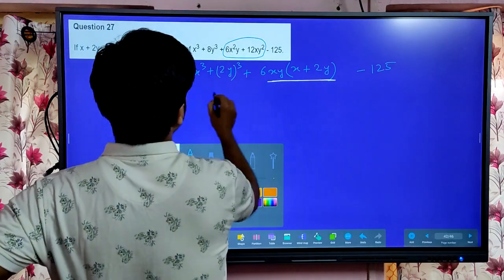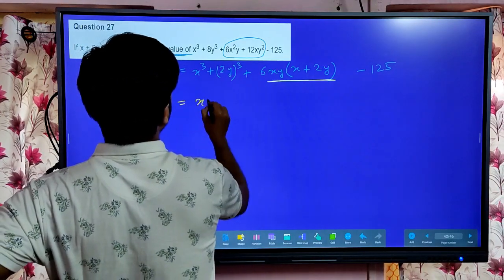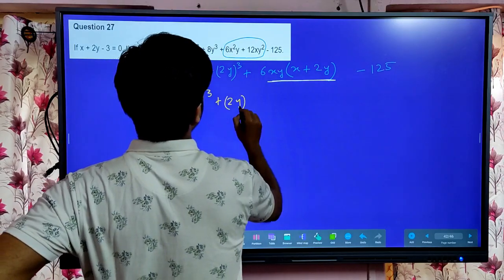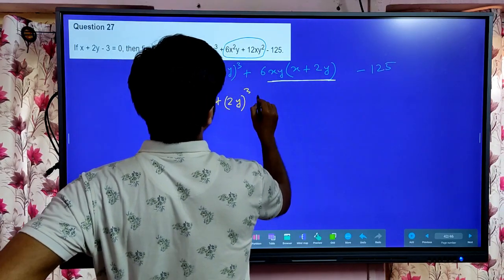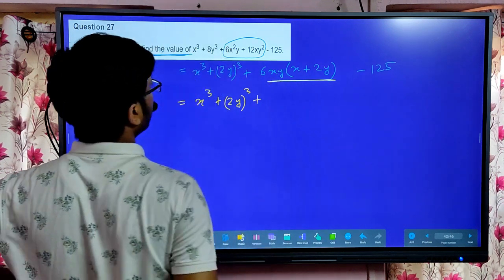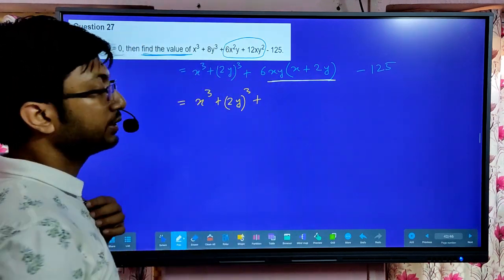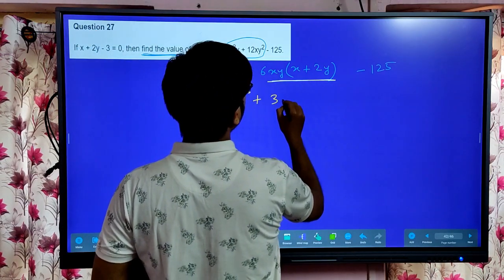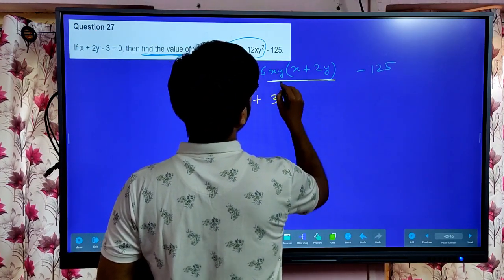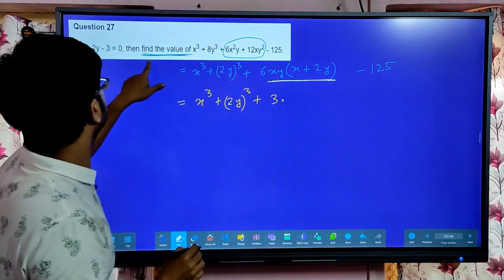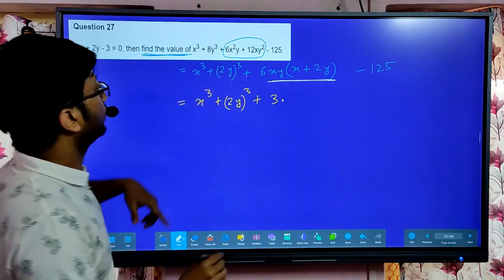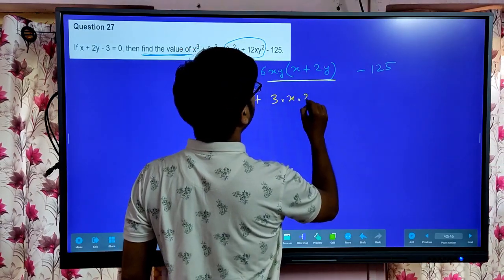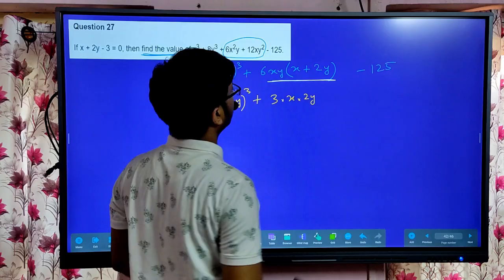So this will be x cube plus 2y cube plus 6xy. I will write in this fashion 3ab, a plus b. So 3ab, a is x, b is 2y. So 3 times a is x, b is 2y. 6xy is coming?